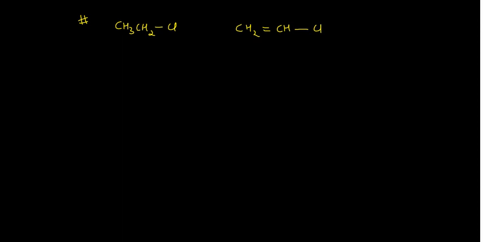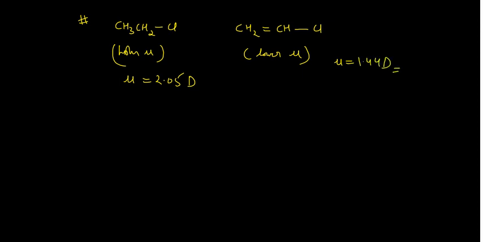Remember, this vinyl derivative will have the lower mu value, while this alkyl derivative will have the higher mu value. For this ethyl chloride, you have 2.05 D, and for this vinyl species, the value is a little lower, and that is 1.44 D. So what is the reason for this?